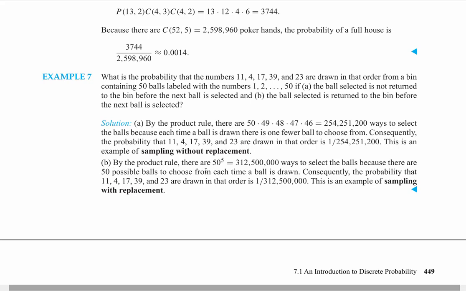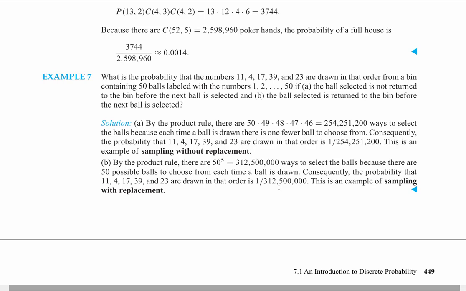Part B, if you put the ball back in each time, then it's 50 times 50 times 50 times 50 times 50, so 50 to the power of 5. Okay, so more outcomes if you do replace the ball. And if we're still looking for this sequence, then there's only one way that can happen. So that's 1 out of this time 312 million.